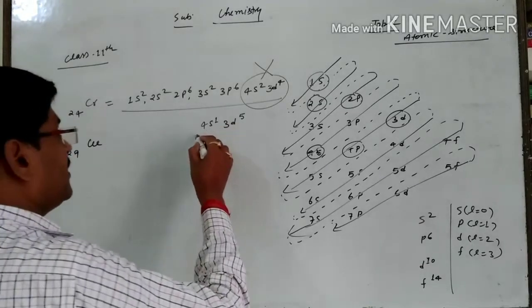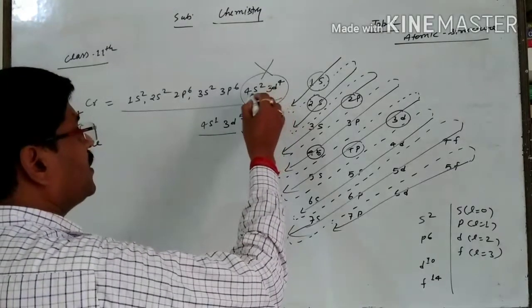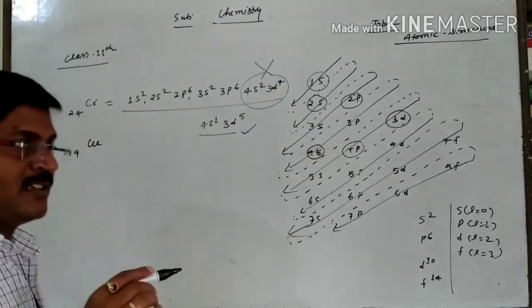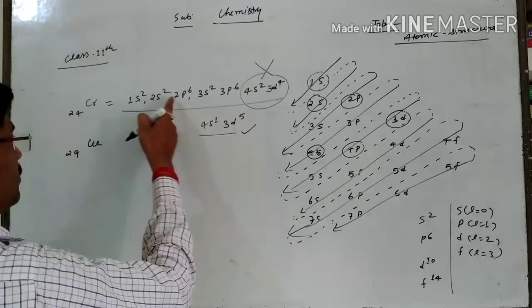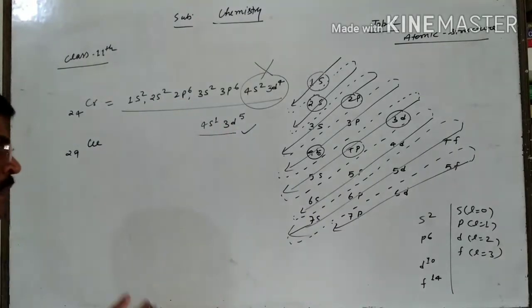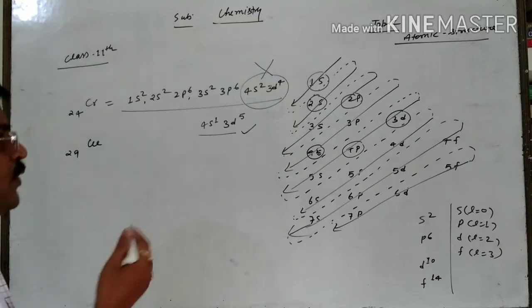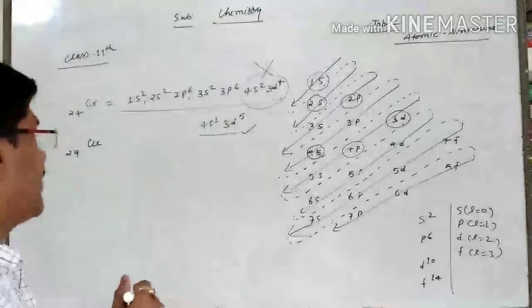You see these two in the half filled state, which means more stable than before. This is the reason why the configuration of chromium will be like this: 1s2, 2s2, 2p6, 3s2, 3p6, 4s1 and 3d5. By following this phenomenon, you can do the configurations of such atoms.